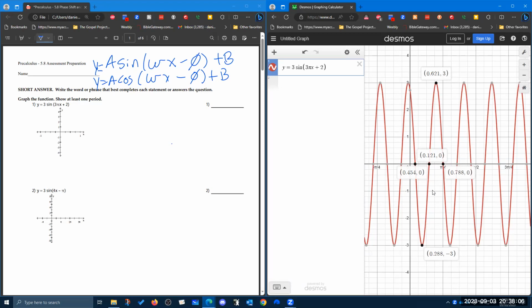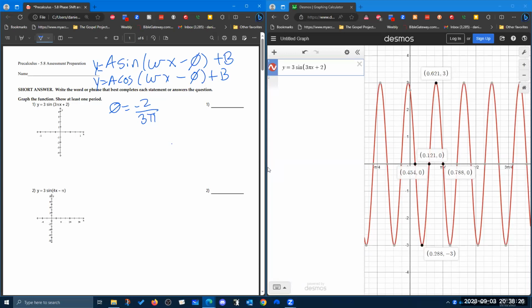So those are some estimates right there. If we wanted to figure out exactly what's going on, my phase shift is going to be -2 over 3 pi, not a very nice number, right? So that's why it's just giving me decimals there.